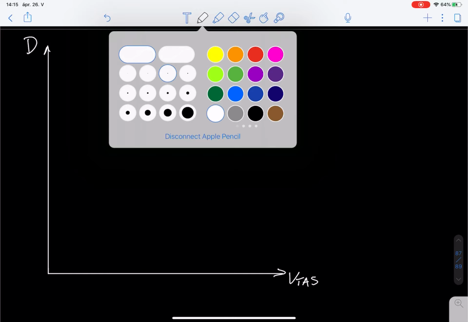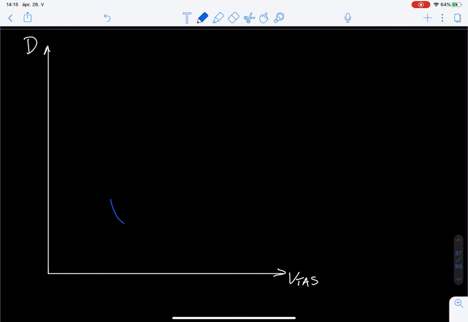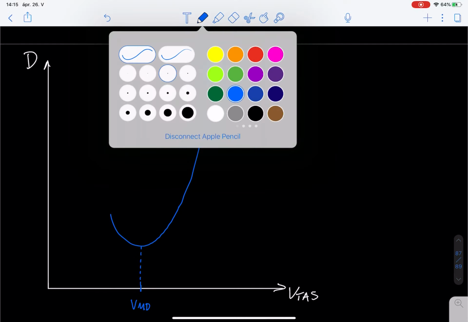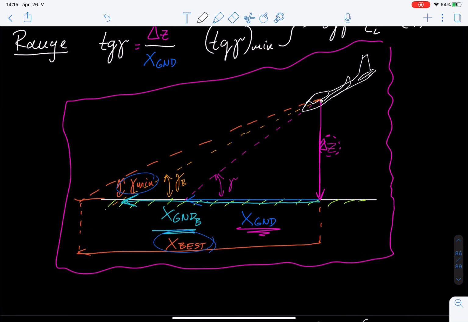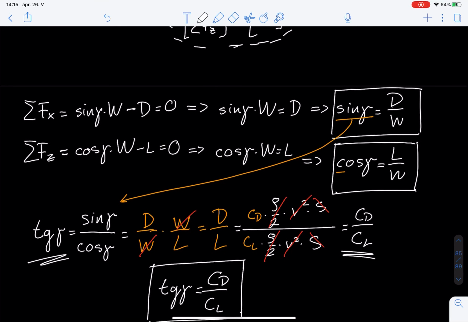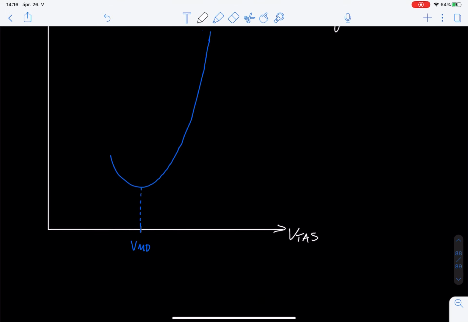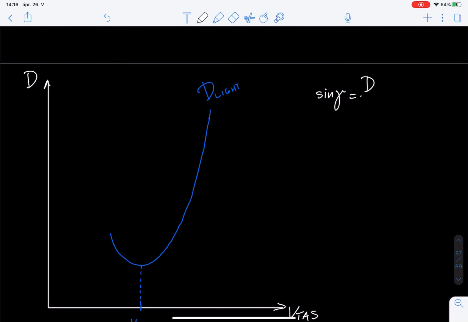So what we're going to see here is that we have the drag for the light airplane, right? And we said that the best endurance would occur at VMD. And that's also visible. It's another approach, as we said initially up here, that the sine of gamma is the drag over the weight.